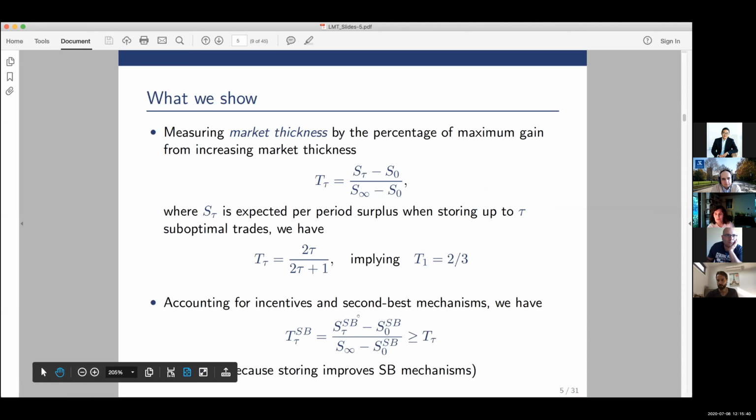In a nutshell, the main reason for that is that second best alleviates the incentive problem. Storing traders alleviates the incentive problem that you face for a second best mechanism in a very intuitive way that will hopefully become clear.